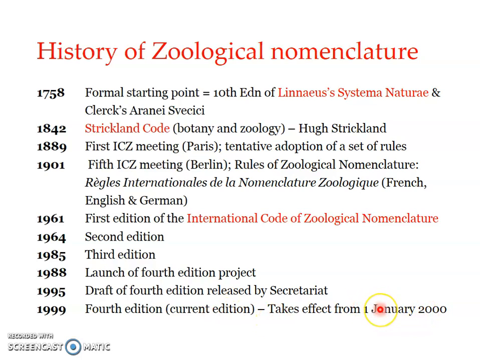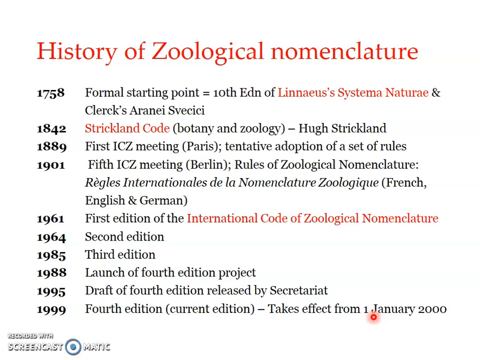So since 2000, the current edition has been in force, and we can see that the present edition of the International Code of Zoological Nomenclature has been in effect from 2000, and later amendments have been made, but still the basic edition, the code, came up in 2000. So the modern International Code of Zoological Nomenclature, or the ICZN, is a complex integrated document, and in part its complexity results from its network of interdependent articles.